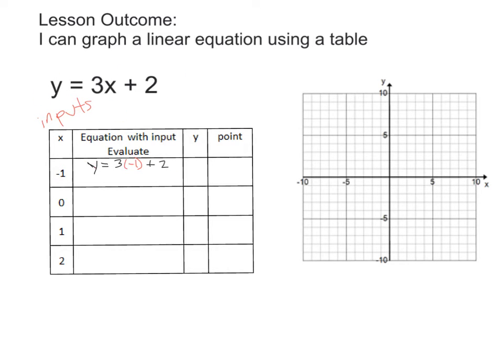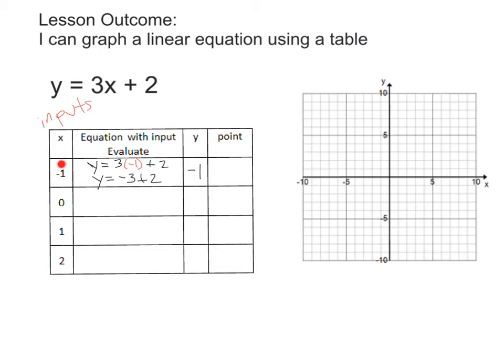The only change I made is instead of an x, I put in the -1. And we've been doing that with function work as well. So y equals -3 times 1, which is -3, plus 2. And then we know that -3 plus 2 is -1, so the -1 goes here.